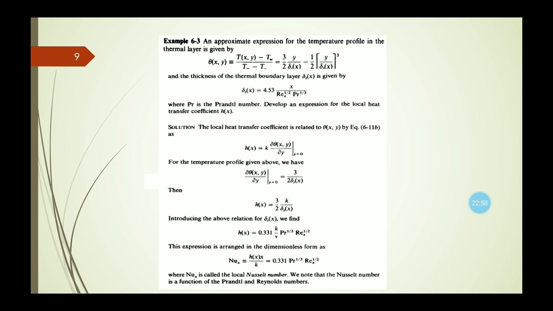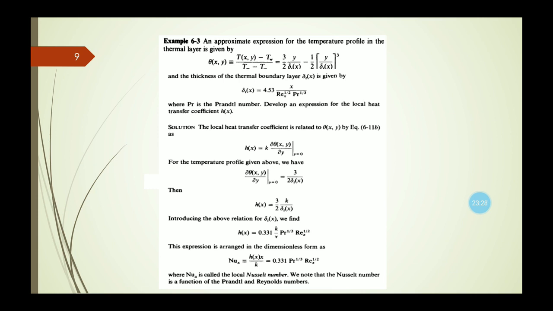Now, as the formula for delta Tx is given in terms of Reynolds number and Prandtl number, if we put that formula in the equation of the local heat transfer coefficient, we get hx equals 0.331 k by x multiplied by Prandtl number to the power 1/3 and Reynolds number to the power half.